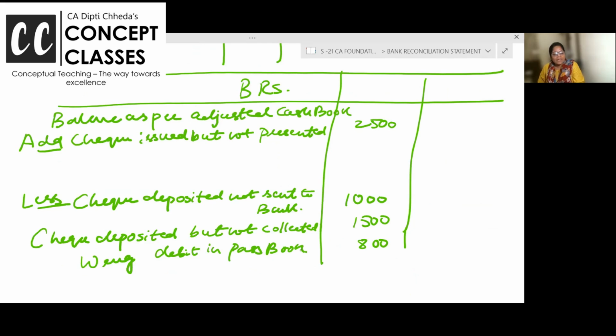A wrong credit given by bank in the passbook. This is also nice. Wrong credit given by the bank in the passbook by mistake, so we will also debit 400. Wrong credit in passbook.